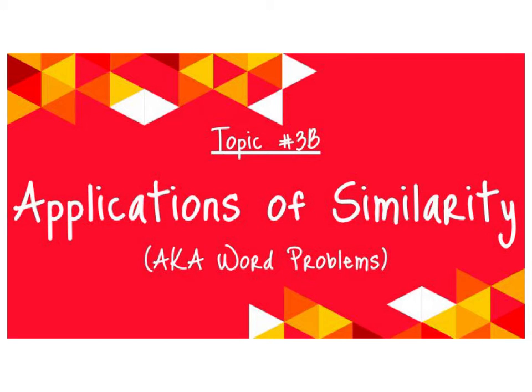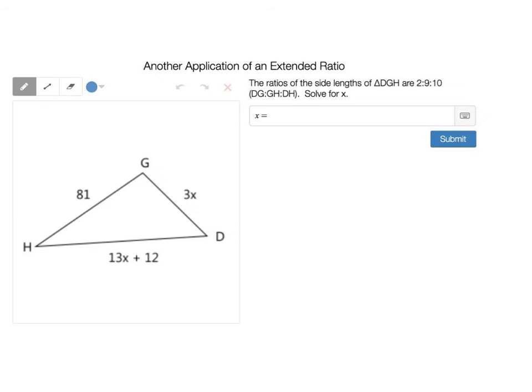The other topic we're covering today is applications of similarity, which is for the most part really just word problems. We will look at one example of applying an extended ratio, but the rest will be word problems. So this is the example of applying an extended ratio. I can't do 2x plus 9x plus 10x because I don't have a total.